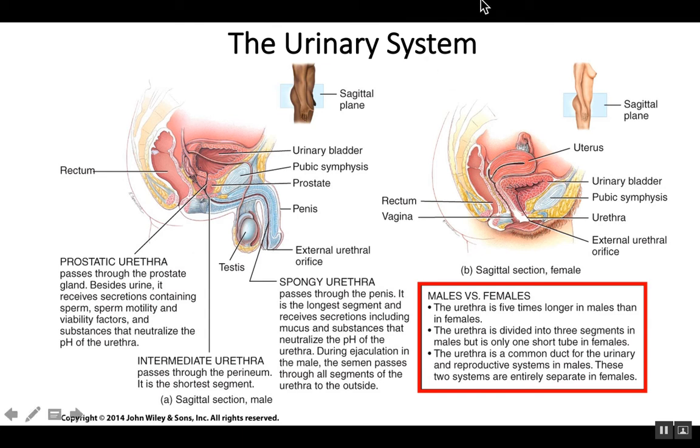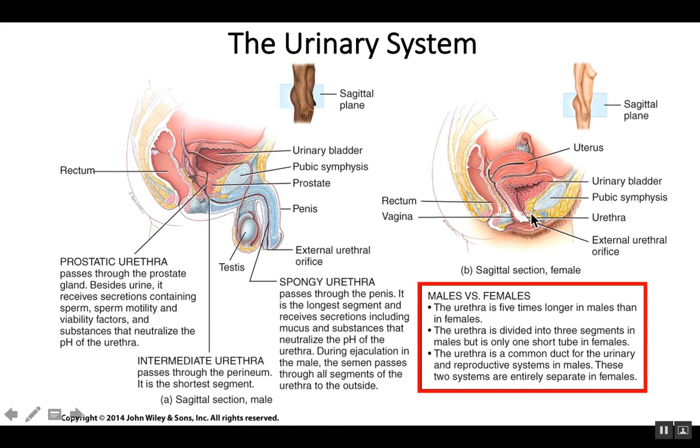So in a male, the urethra has to go through the prostate gland. So that region of the urethra is called the prostatic urethra. Then before it gets to the penis, there's a region called the intermediate urethra. Then when it runs the length of the penis, it's known as the spongy urethra. So male urethra, much longer, divided into 3 regions.